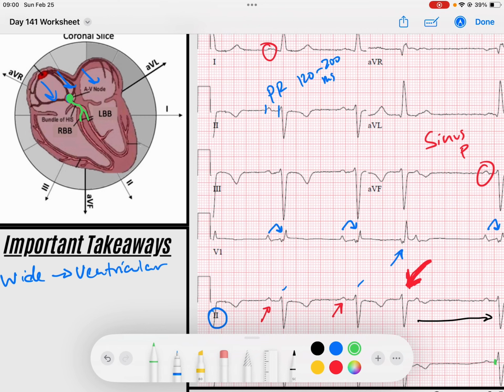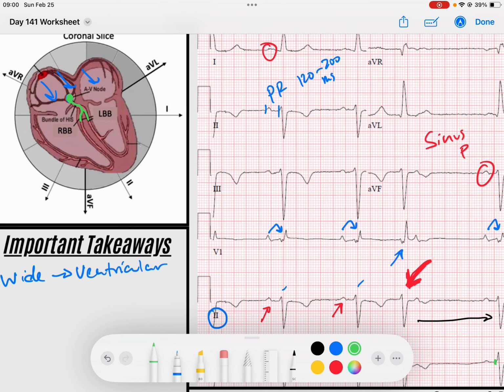What's really interesting about the junctional contraction here, right, is that just after the premature junctional contraction, if you look up here in V1, we actually have, right after it, a sinus P wave. So if you notice that P wave, that sinus P wave, is actually occurring kind of on time.